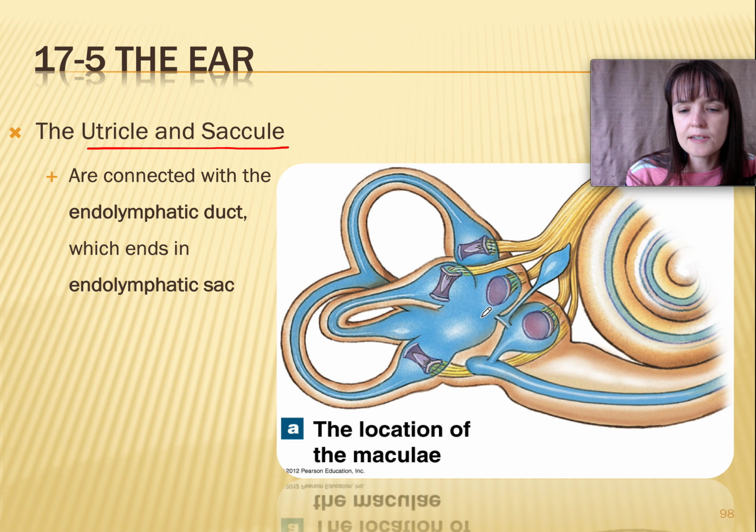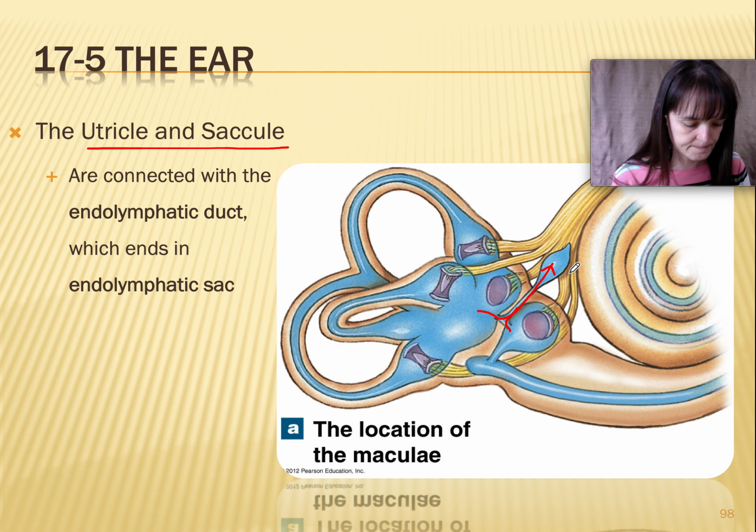So we have to constantly drain off this endolymph, and we do that through the endolymphatic duct into the endolymphatic sac, and the endolymphatic sac is embedded in veins to filter out excess fluids and wastes and keep the nutrients that your cells need, kind of like the arachnoid granulations draining excess CSF into the superior sagittal sinus. So, a little flashback there.